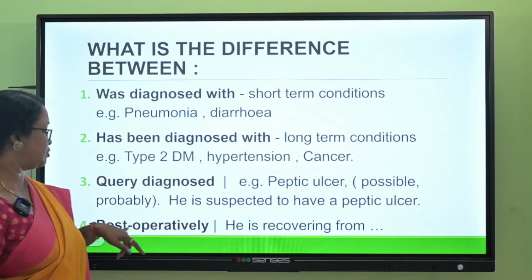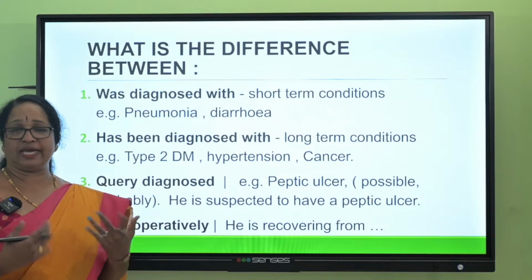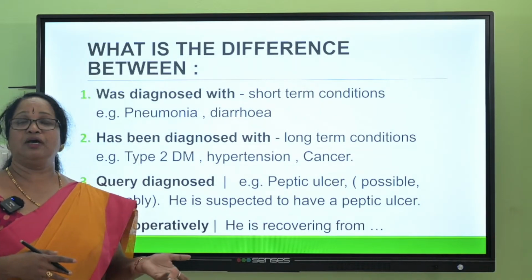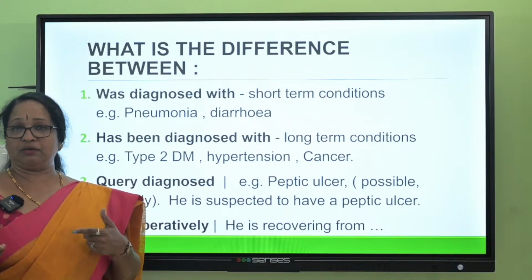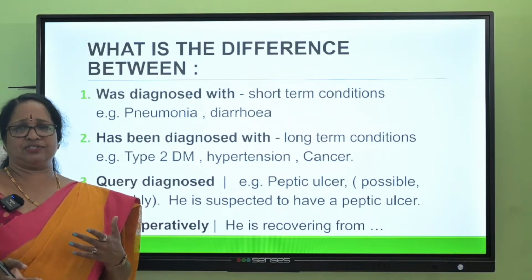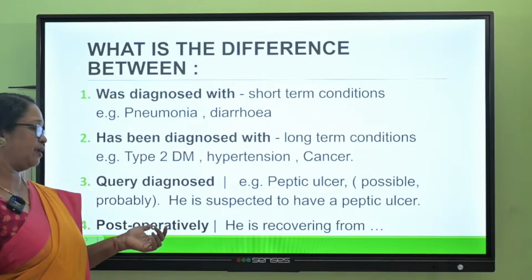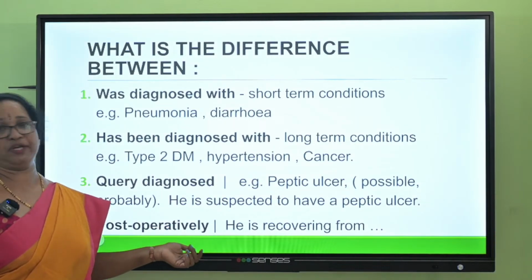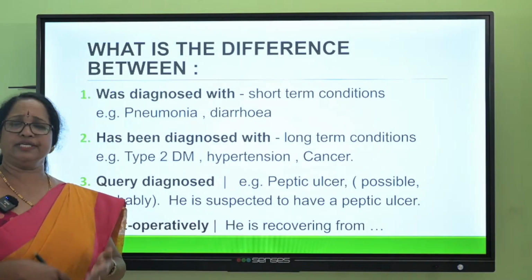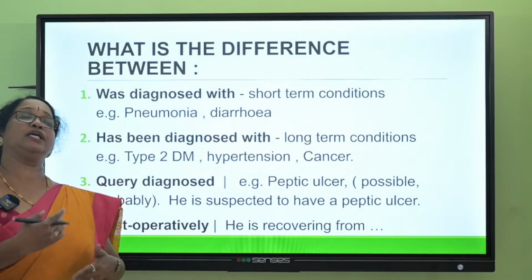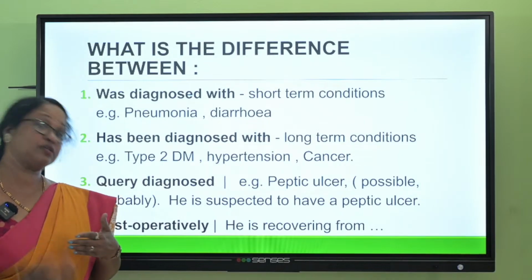And when you come to, maybe the patient has undergone some surgeries like hip replacement or maybe bypass graft, like this type of surgeries if he has undergone, so it is a post-operative period of that patient. So, you can use here he is recovering from or he is recovering after also you can write.